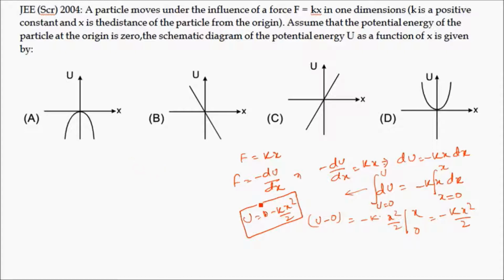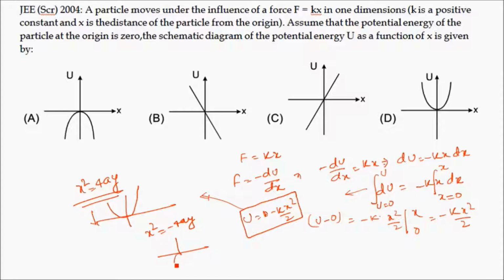So clearly, the figure for this curve will be denoted by this first. As we know, if the equation of a parabola is x² = 4ay, then the format is this one, and if the equation is of the form x² = -4ay, then the curve will be of this form. Here y is U. So if I put the value in this way, it becomes x² = -4aU, where U is the potential energy.